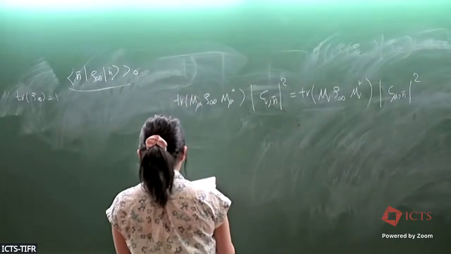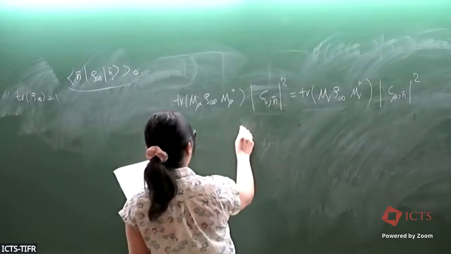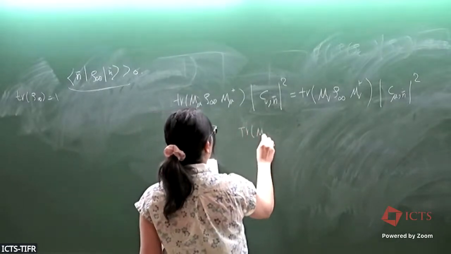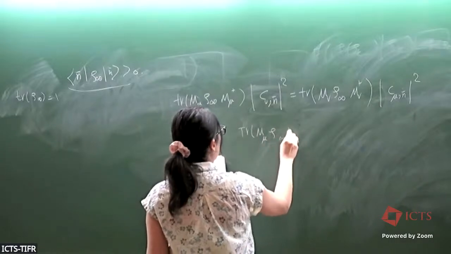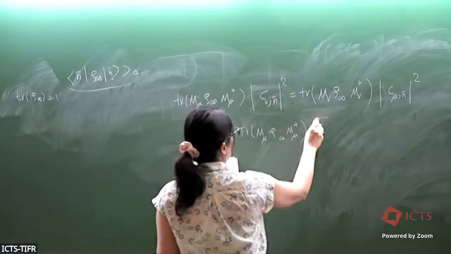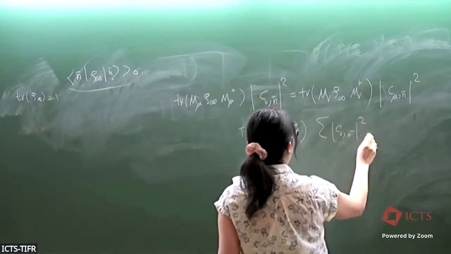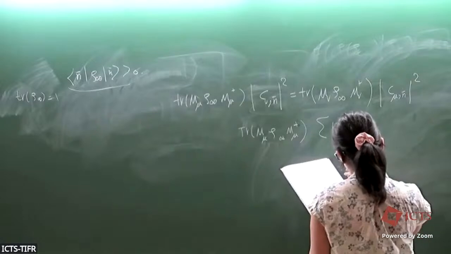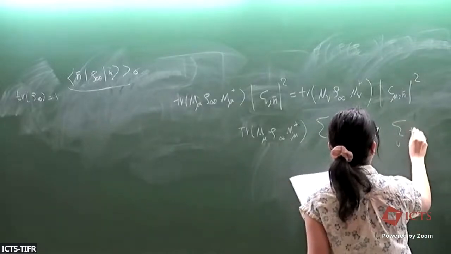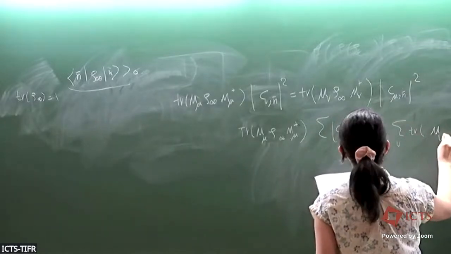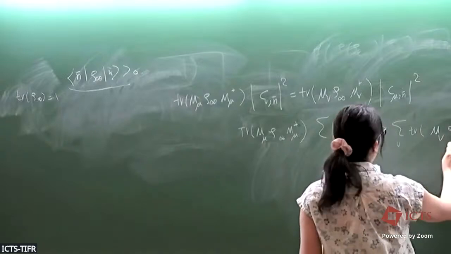So now if you sum over nu, so you have the trace of the sum of y square. You have the sum over nu of this. So I will sum on both sides.